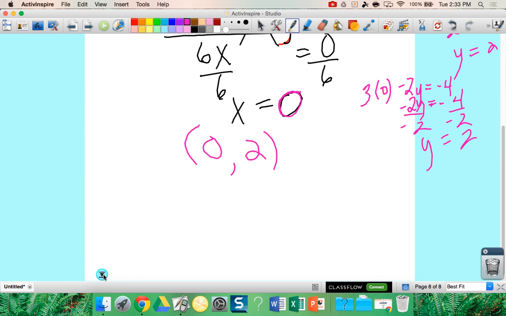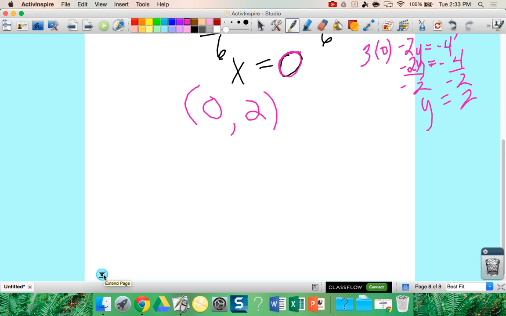Do we check it in just one or both equations? Yes. Because remember, it can check out in one, but not check out in the other.